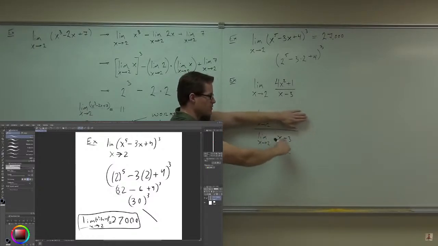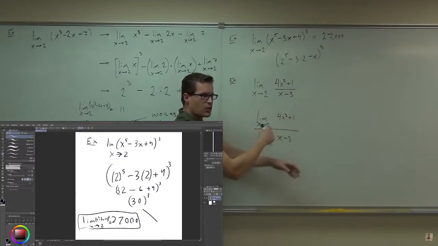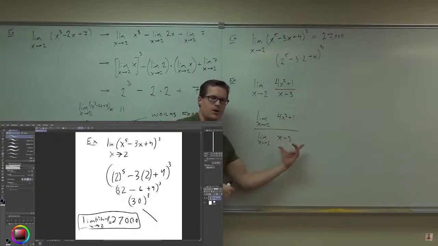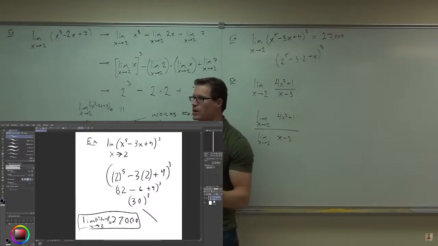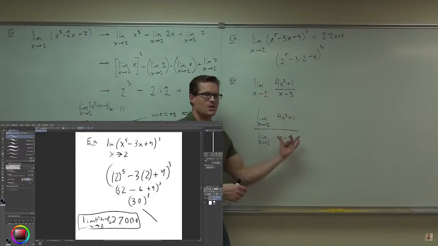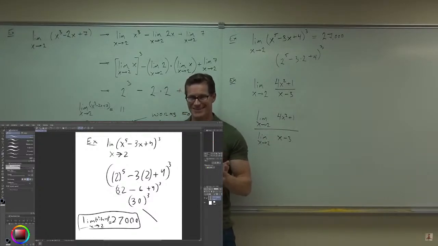So this says you can evaluate that by plugging in 2, and you can evaluate that by plugging in 2. The only thing you've got to check for is that the denominator is not 0, which we already know, right? It can't be 0 on the denominator. That would be a problem. So do you need to show me this step? No, no. Just plug in the number. If it works, then you're okay. If you have 0 on the denominator, then you're not okay. Okay?